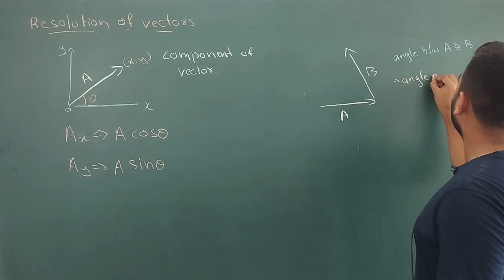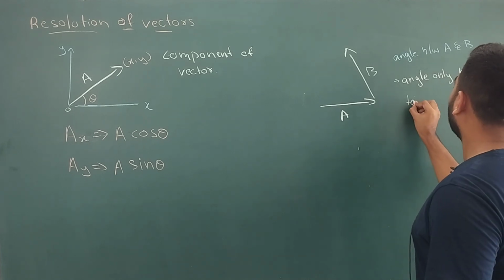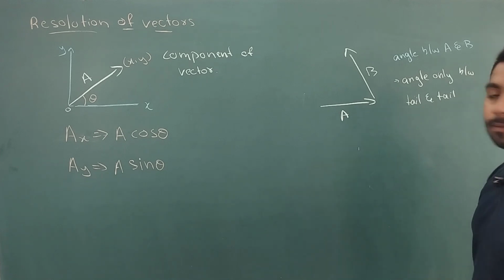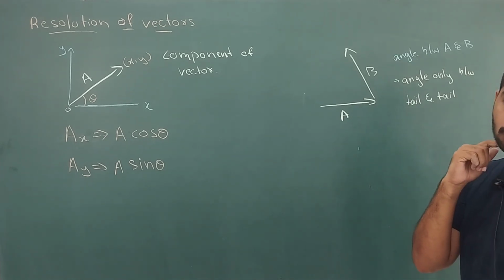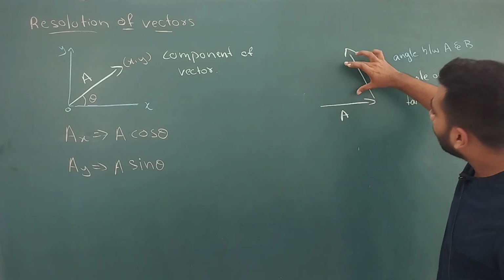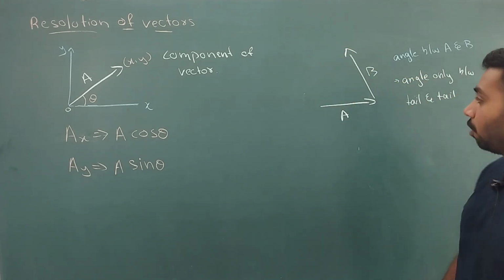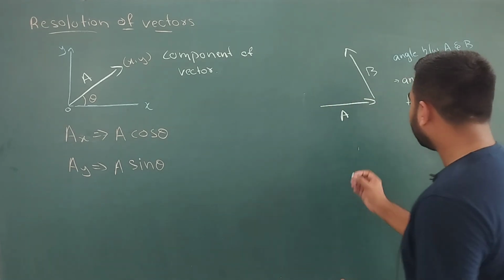Angle only between tail and tail. At this time what to do? Very simple. Can I shift this vector here? Yes, shifting is possible in vectors. If I shift this here, tail to tail, it will attach like this.